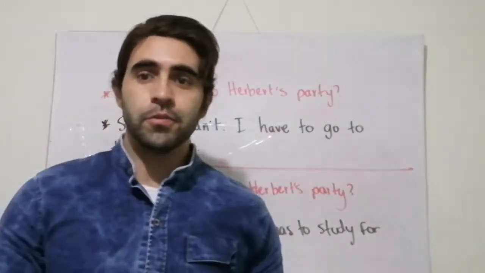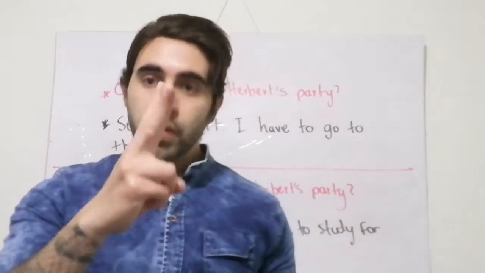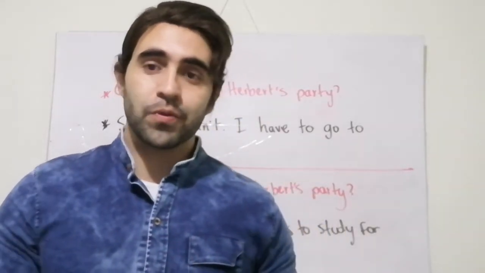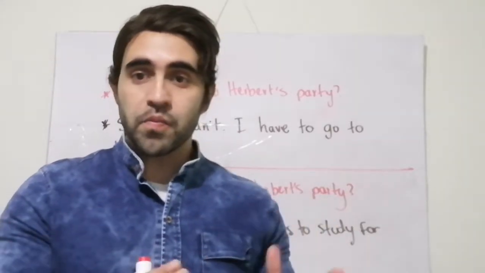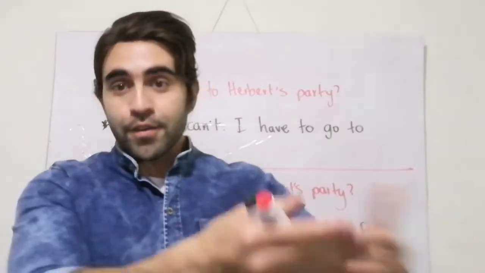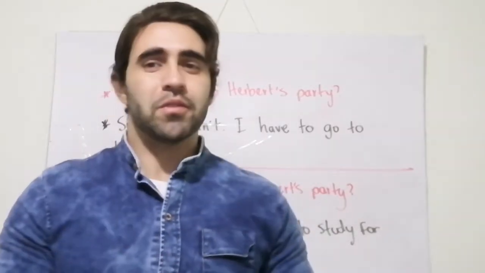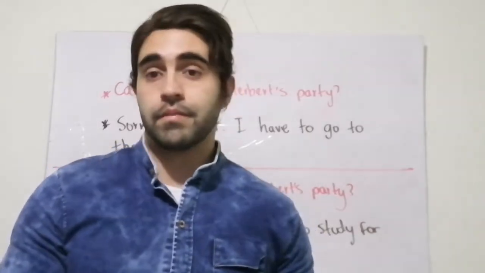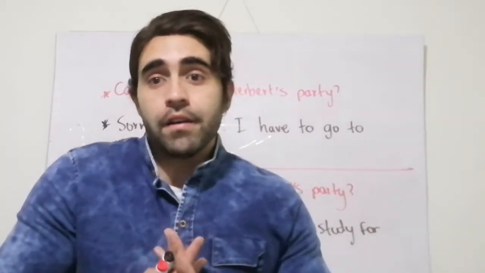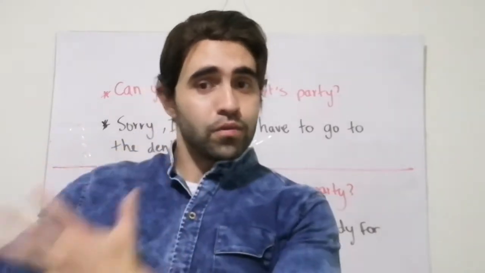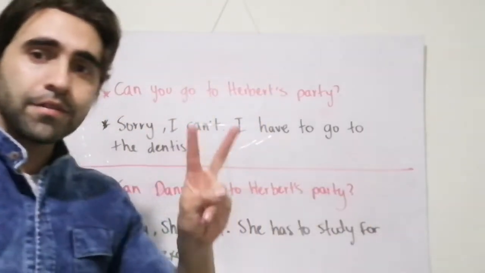Now, I want you to pay attention to two important examples. The previous example that I gave you was a conversation between two people talking about Herbert's party. So I say, can you go to Herbert's party? Sorry, I can't. I have to go to the doctor because that's my obligation. If I have obligations, I cannot enjoy a party. I cannot go to the party. So here we have two examples.